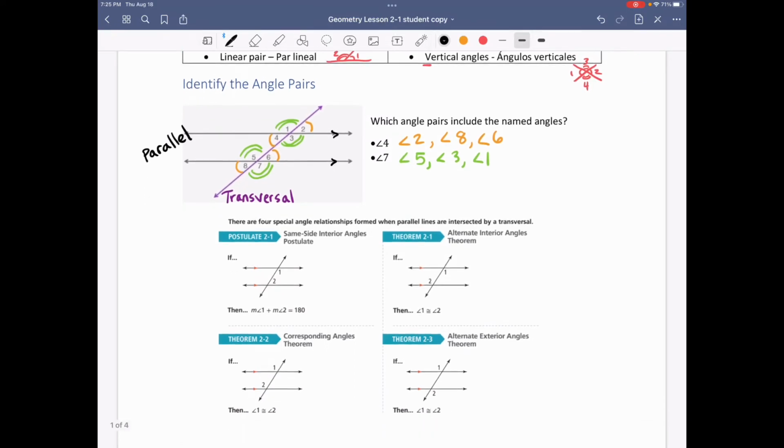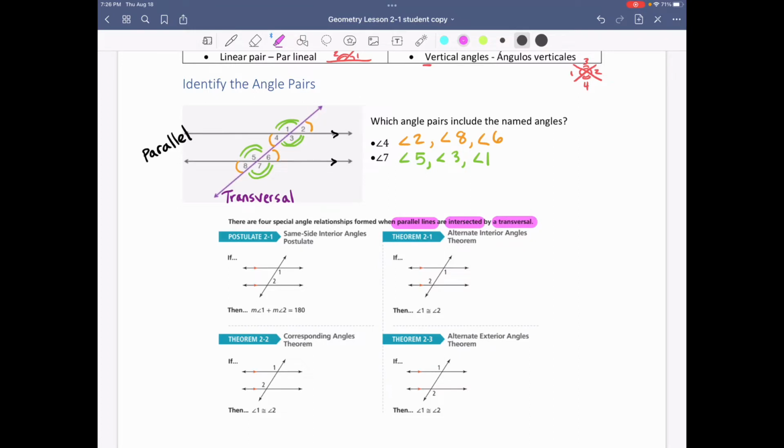In this little box here, we have some postulates and theorems. There are 4 special angle relationships formed when parallel lines are intersected by a transversal. So what are our key words here? We have parallel lines intersected by a transversal.